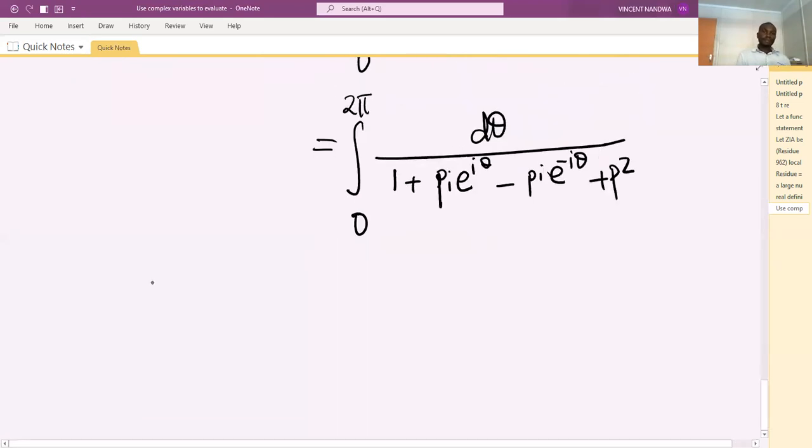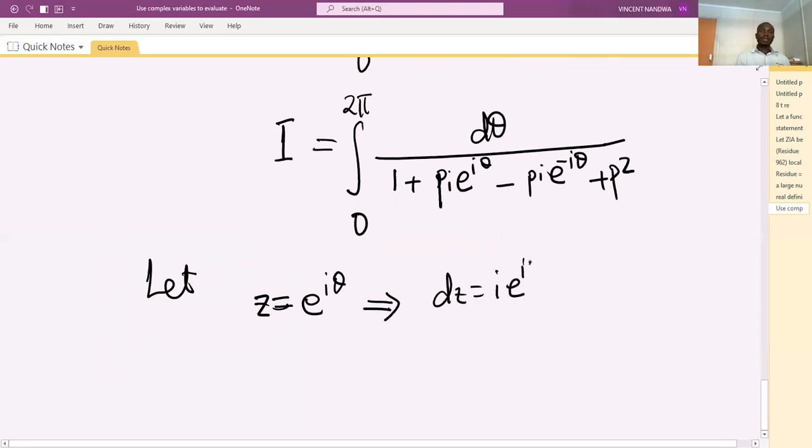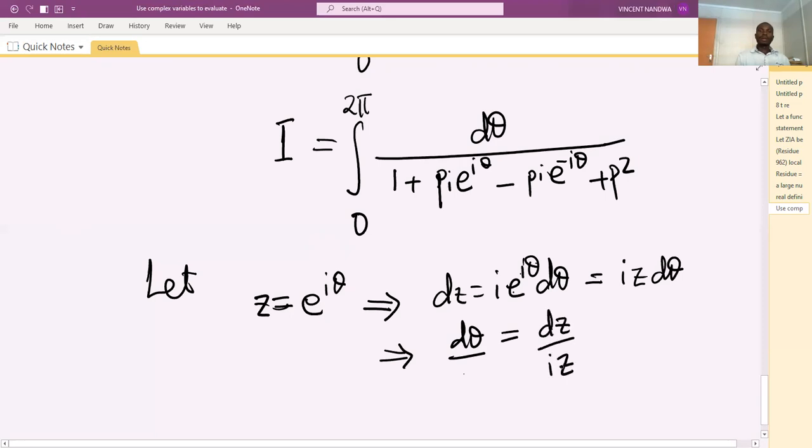Now let's call this one just integral I. So you say let z be given by e raised power i theta. So it means dz is i e raised power i theta d theta, and because e raised power i theta is z, this is i z d theta, and that implies d theta alone is dz over iz.